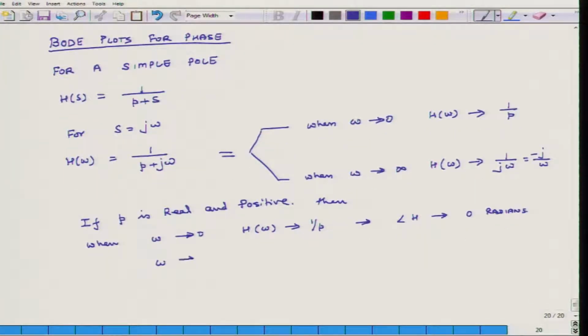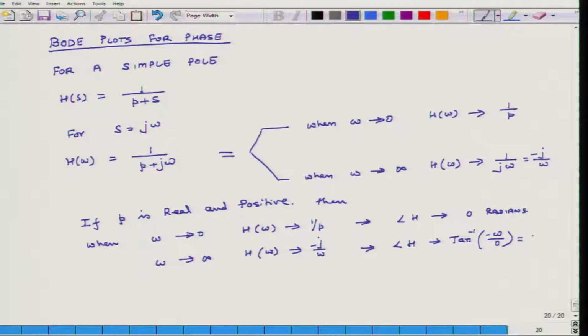When omega approaches infinity, H of omega approaches minus j over omega. So, what is this? This number is basically pure imaginary and it is negative, right. Which means that the phase of H is approaching tan inverse of negative omega divided by 0.